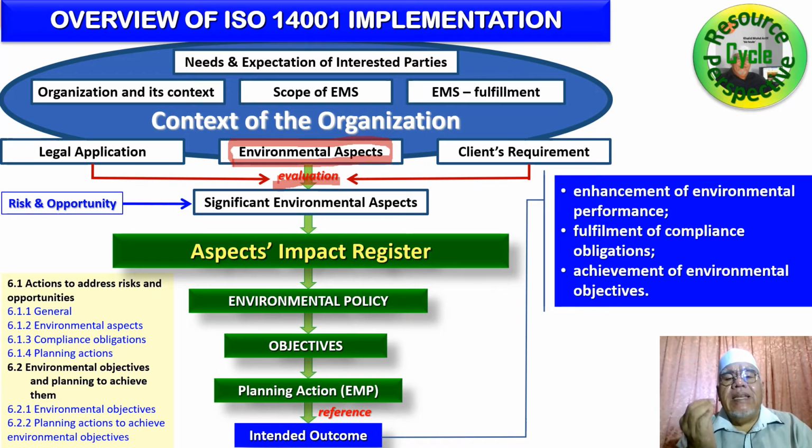How significantly would these environmental aspects interact with the environment, which causes or leads to environmental impact, and we need to determine how significant is that impact in terms of environment, probably severity, frequency, magnitude, etc. These are all evaluated in the evaluation scheme that we have.